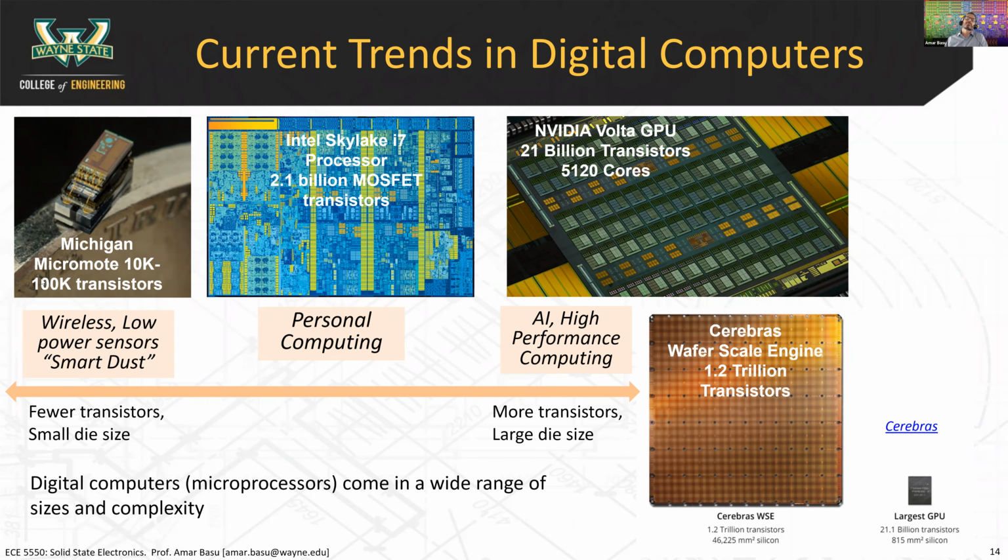So these types of chips are designed for very specific applications in sensing. They're not doing massive amounts of compute, just enough to do sensing. And this area is kind of called smart dust, wireless low power sensors, nanosensors. We'll see more of that as the field of Internet of Things becomes much more important.